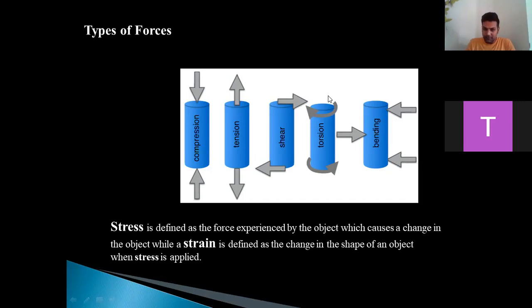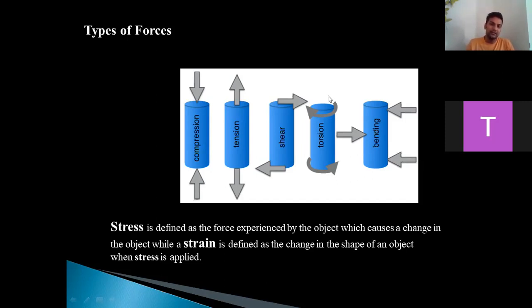The types of forces and stress and strain are strongly interrelated. Stress is defined as the force experienced by an object which causes a change in the object. Stress is a general term applied to a force when it is applied on an object which causes change in the shape of the object.